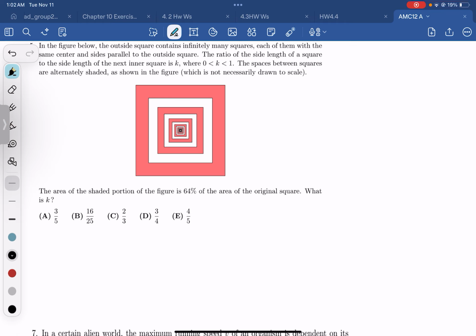So we go from the question. We know the ratio of the side length of a square to the side length of the next inner square is k, which means if I set the side length of the biggest one as a1, the next one should be a2.